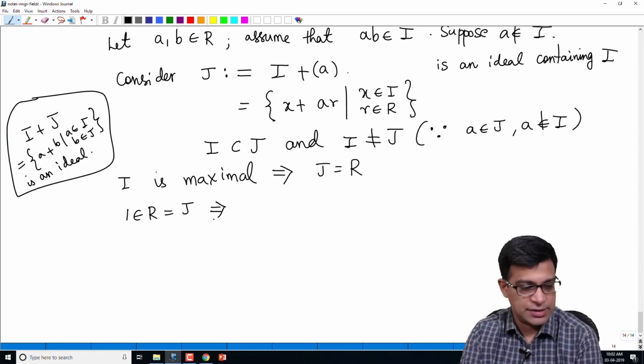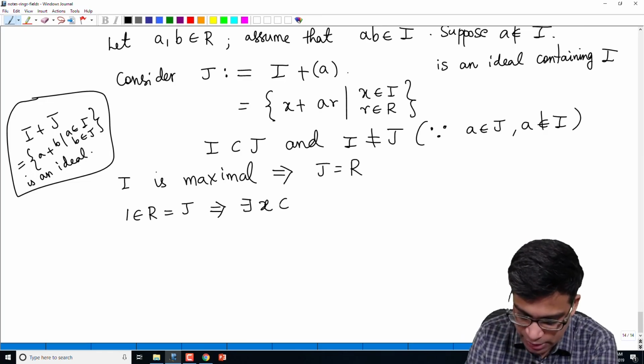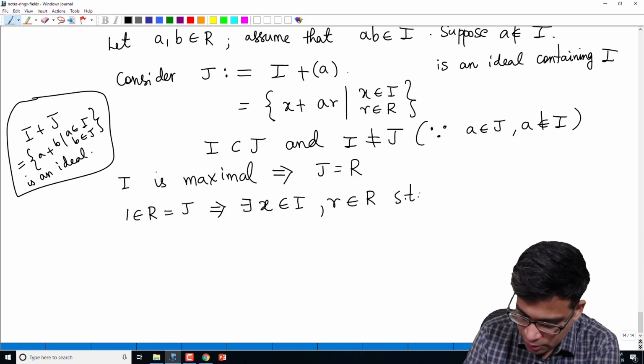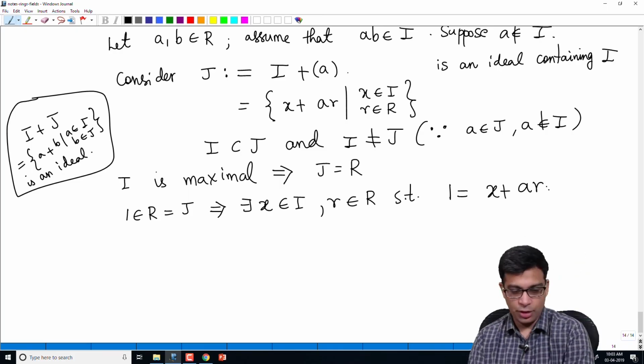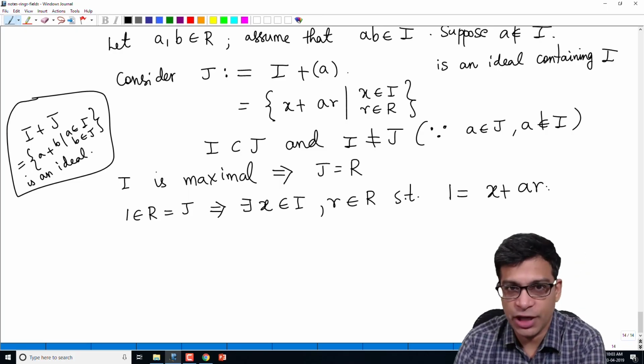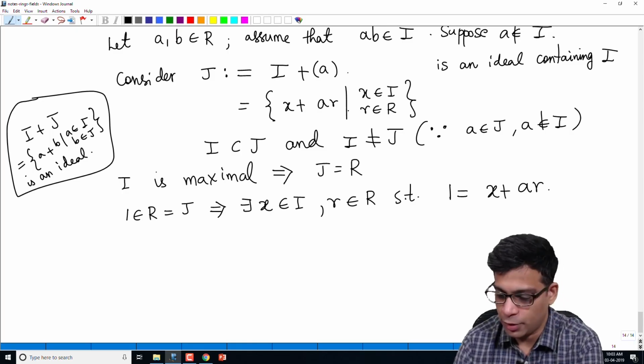So J can be written as something of this form. So there exists X in I, R in R, such that 1 is equal to X plus AR, right? Because every element of J is of the form X plus AR, where X is an element of I, R is an element of the ring.